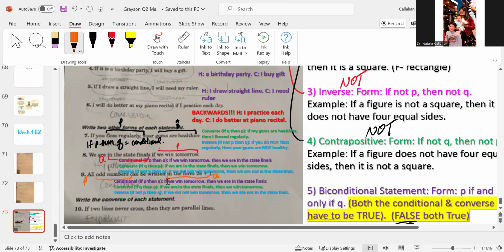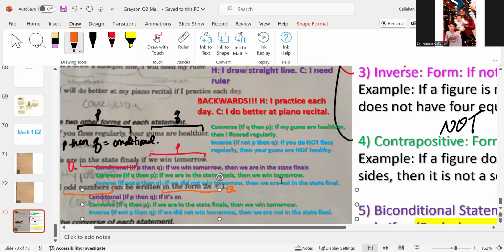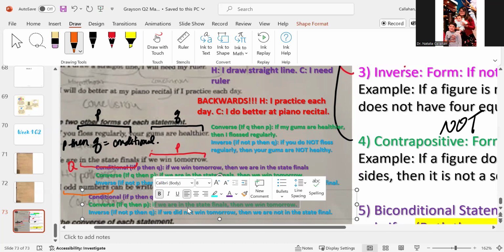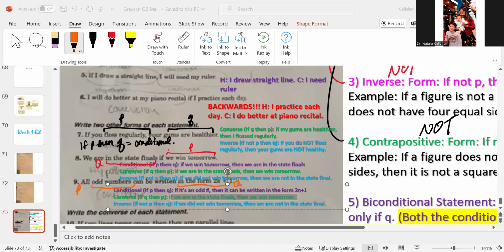So let's go ahead and rewrite that in the conditional form first. What's your conditional form? If P, if it's an odd number, correct? Then Q, then it can be written as 2n plus 1. You see that?